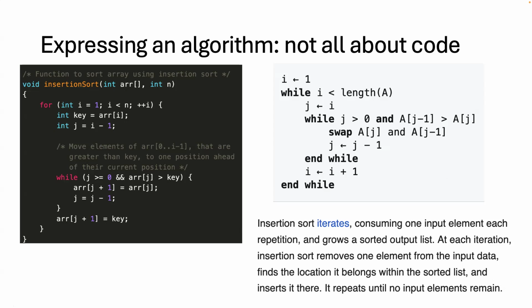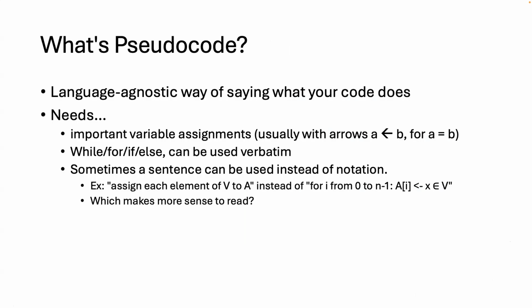So there's different ways to express an algorithm. Pseudocode, in particular, is a language-agnostic way of saying here's the code I want to write, or here's the algorithm, here's what it does.